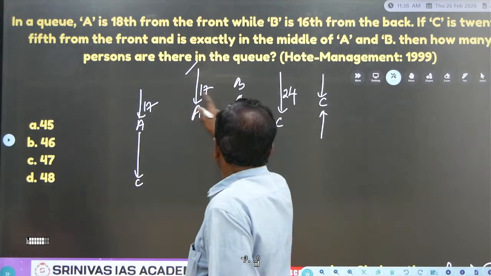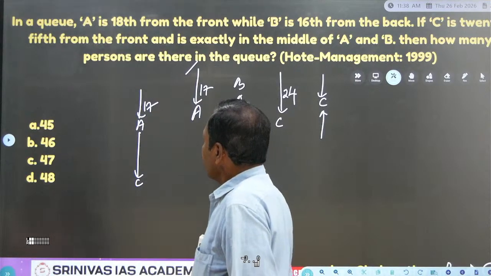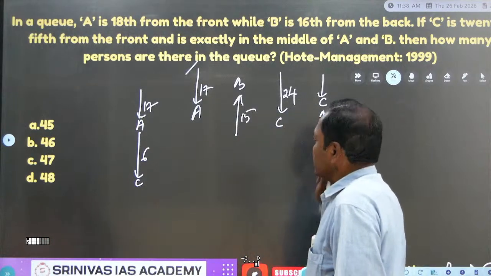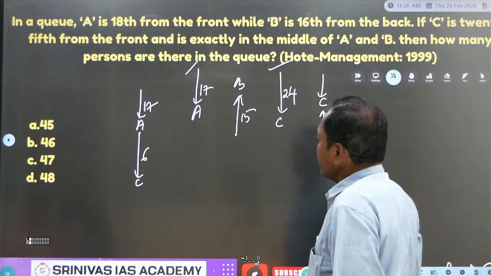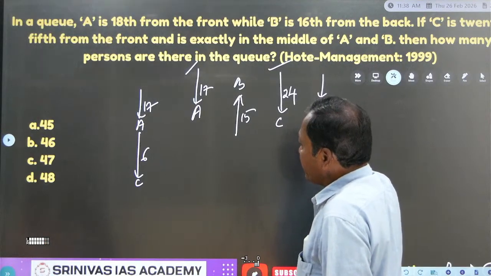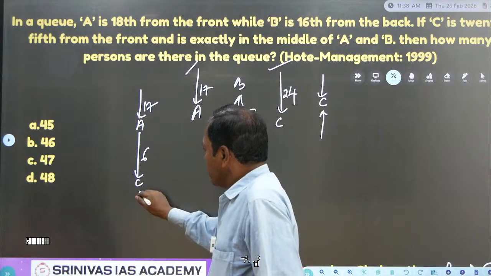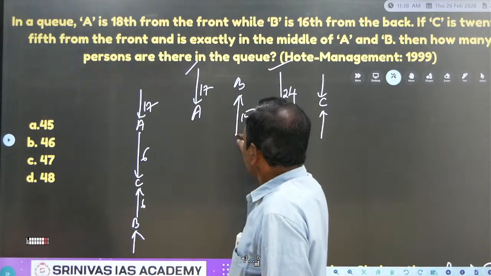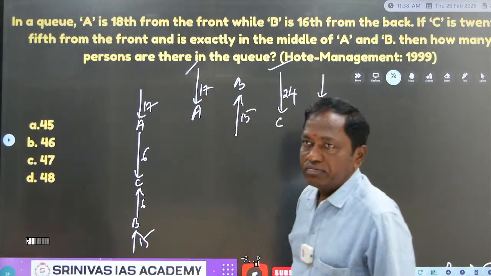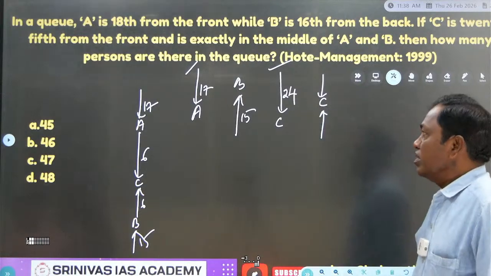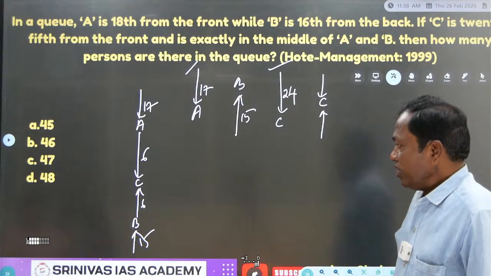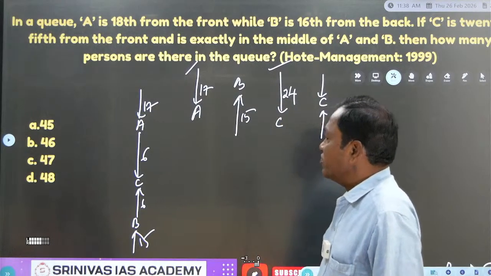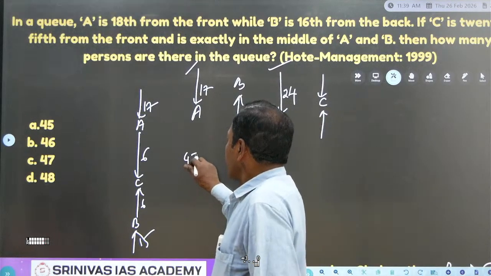This is C. 24 minus 18 is 6. Here 6 means this is 6, this is B, and this is 15. This is the total. Now you have to put up the total: 18, 24, 25, 31, 32, 37, 47. Let us check once again: 16, 22, 23, 29, 30, 47. Total is 47.